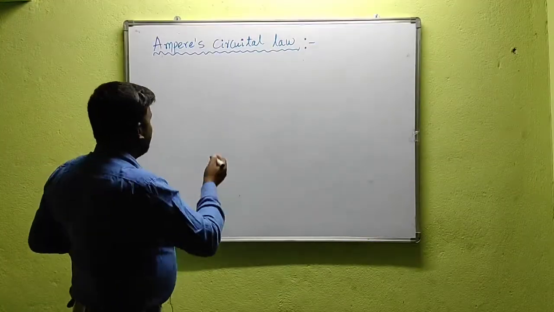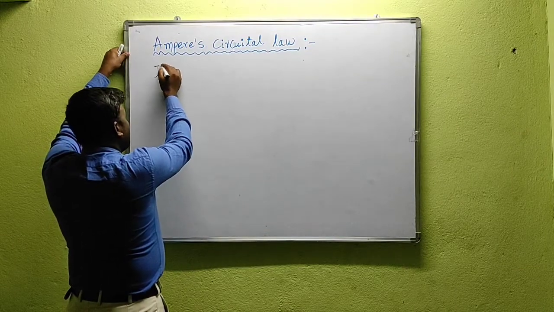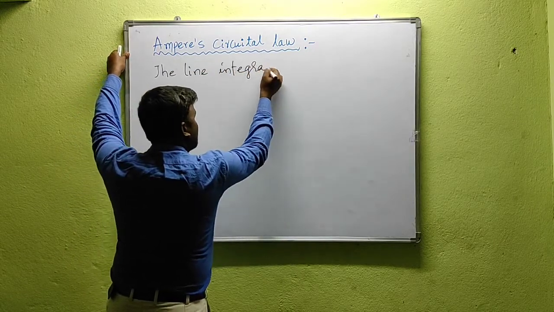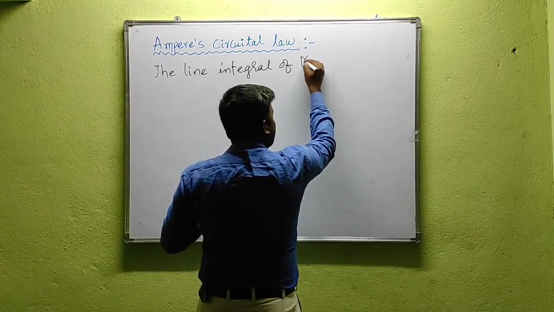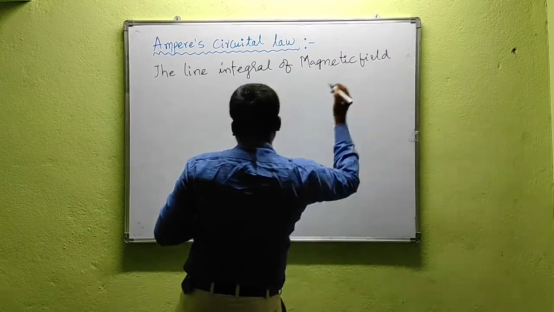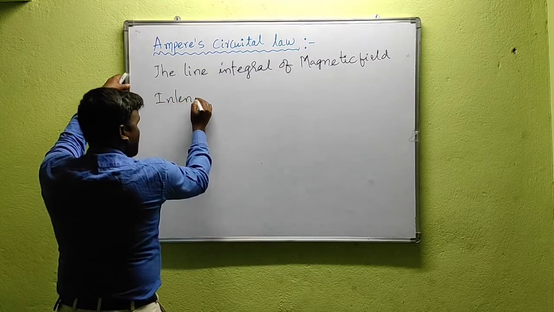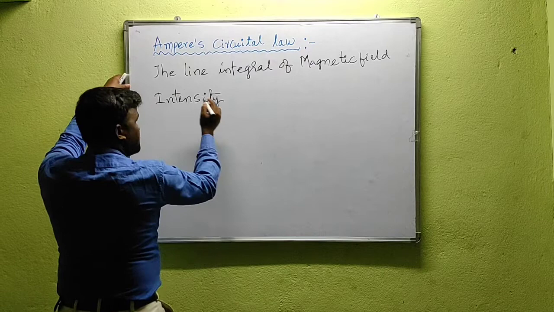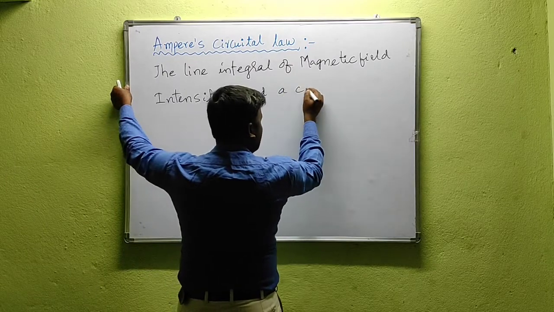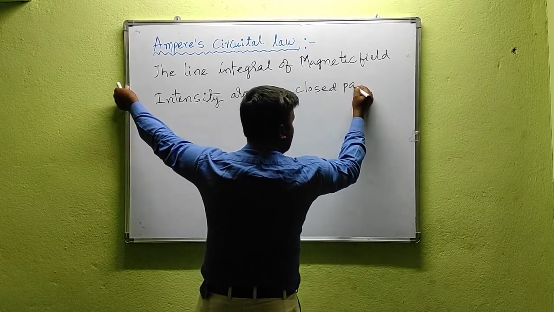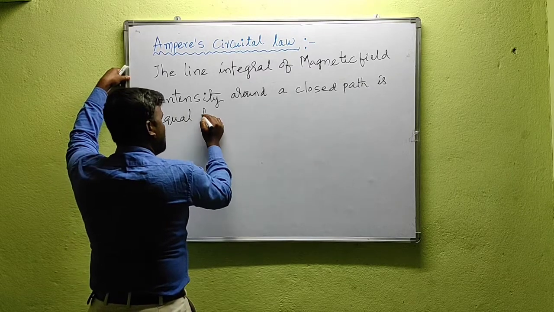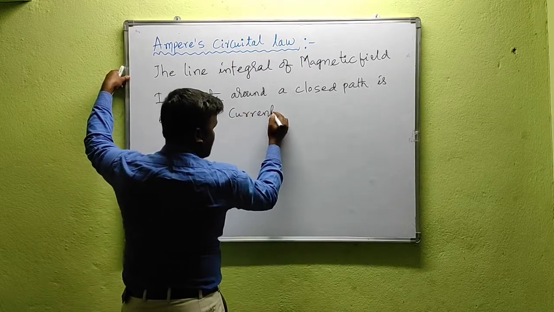Okay, I will write that statement here. The line integral of magnetic field intensity around a closed path is equal to current enclosed by that path.